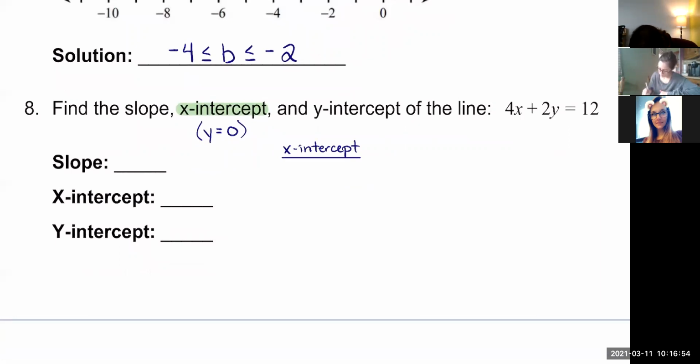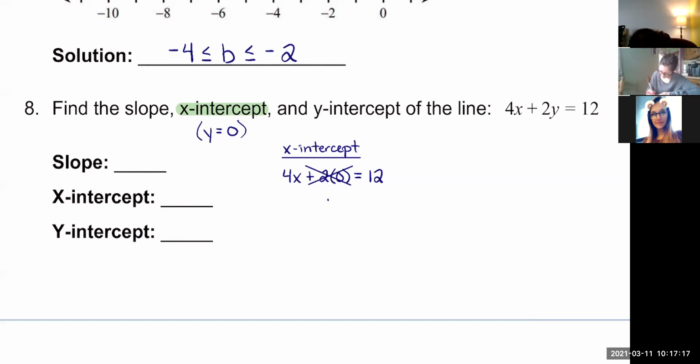So the equation we have, the 4x plus 2y equals 12, would be rewritten as 4x plus 2, and instead of times y, it would be times 0 equals 12. And the reason why we really like zeros in this situation is because anything times 0 is going to be 0, and for our purposes just kind of falls out of the equation.